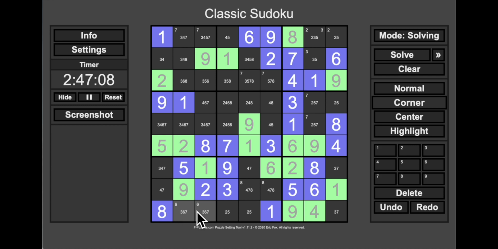Either or both of these could still be 3 or 6, right? A 2, 3, 5 set is somewhere in here. A 3, 7 is somewhere in there.